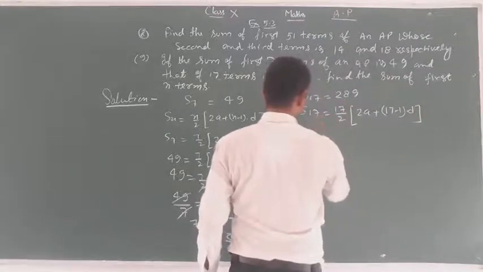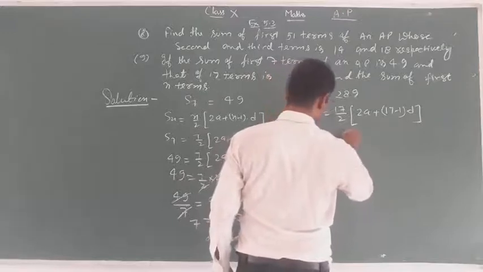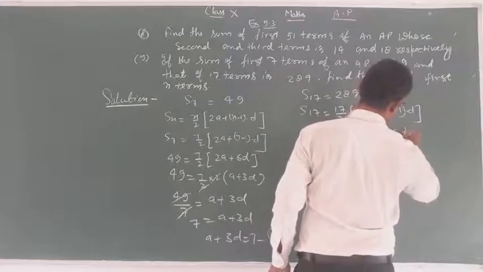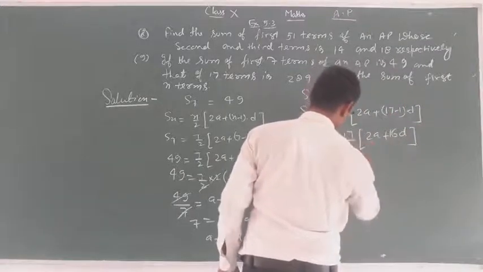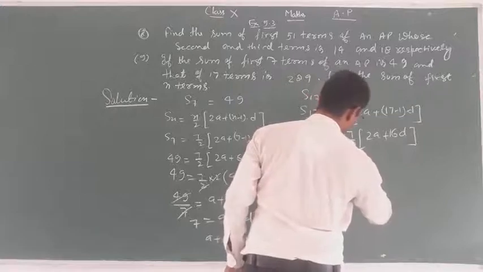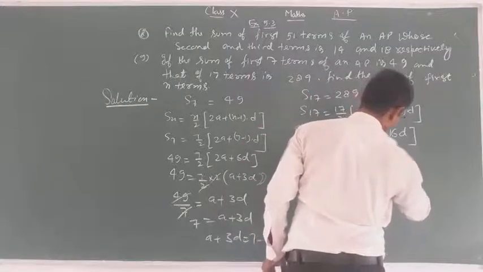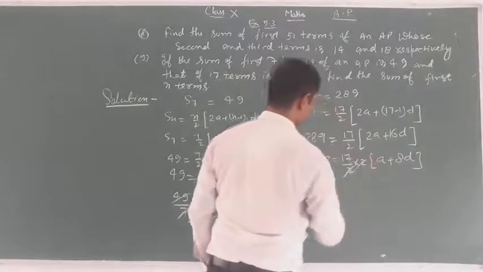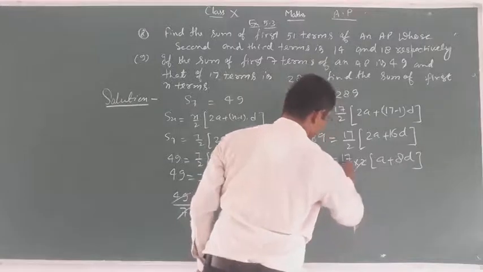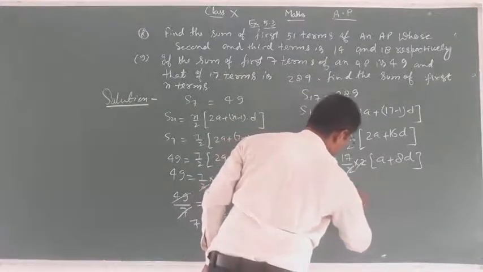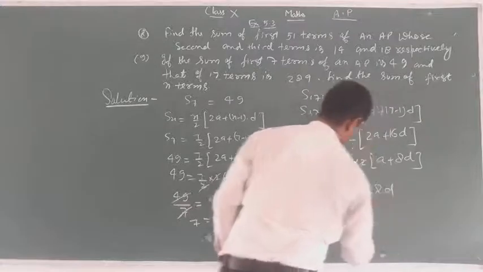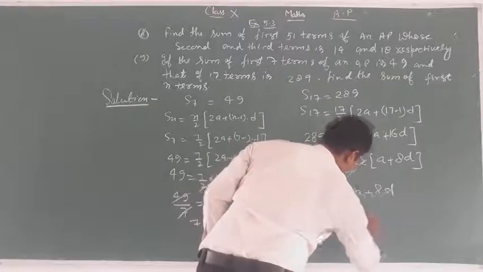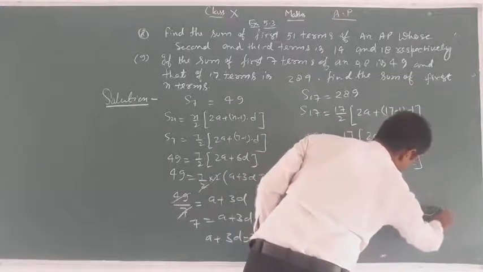So 289 is equal to 17 upon 2 into 2a plus 16d. So take common 17 upon 2 into a plus 8d. So 2 cancels out. 289 divided by 17 is equal to a plus 8d. So a plus 8d is equal to 17. Let this be equation second.